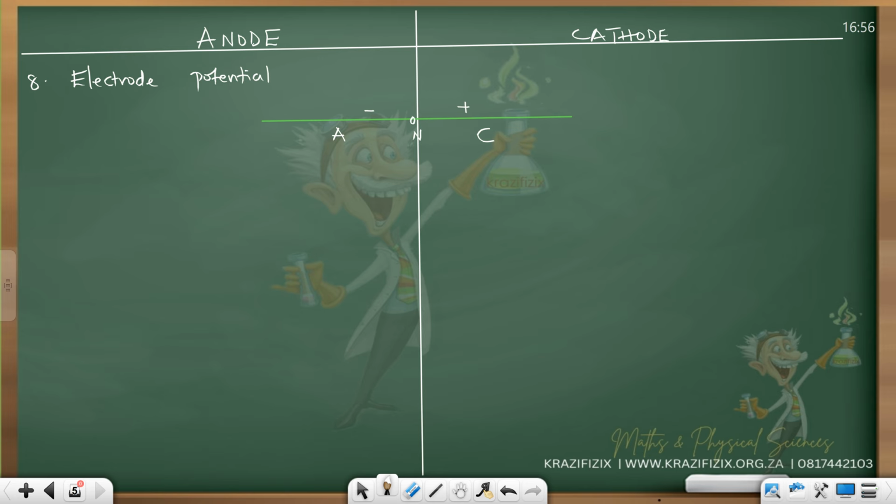So the more negative will go to the anode. The more positive value would go to the cathode. So here we say more negative, and here more positive. I didn't say positive. I said more positive, because it can be negative, yet more positive.